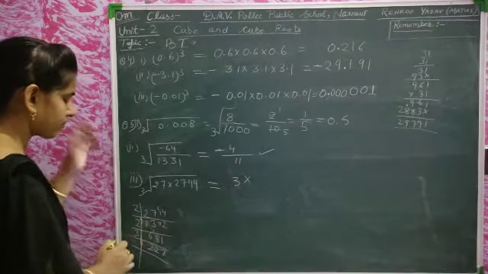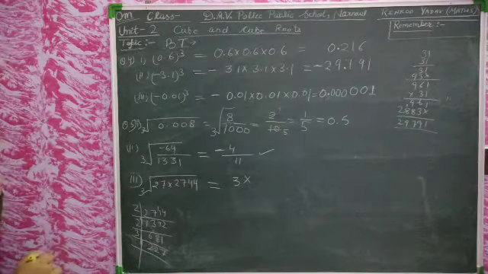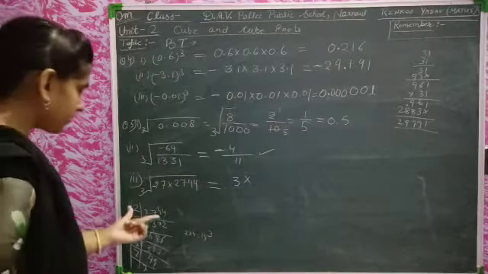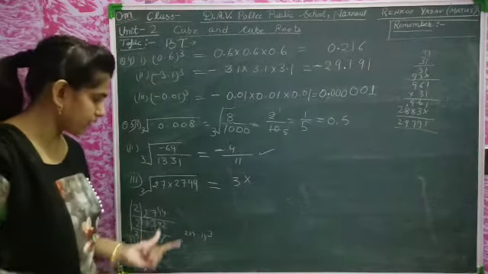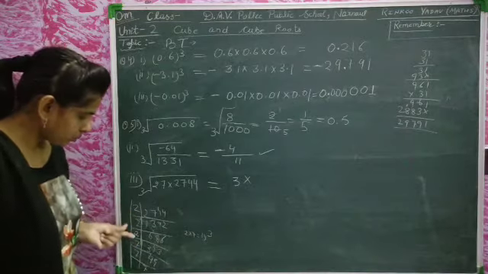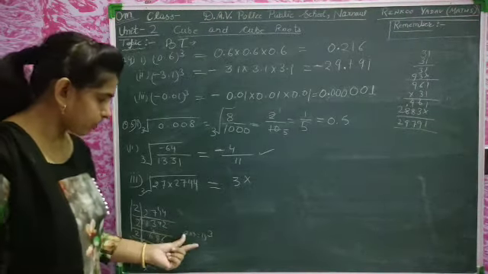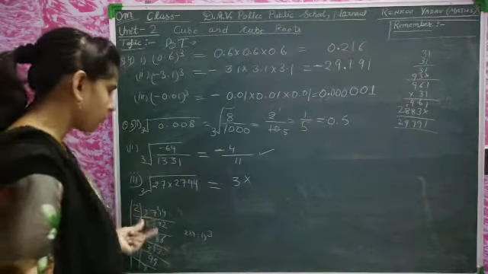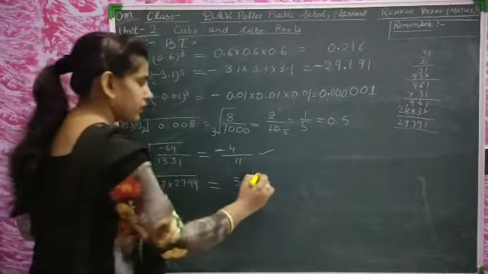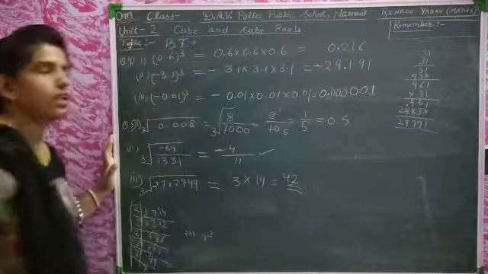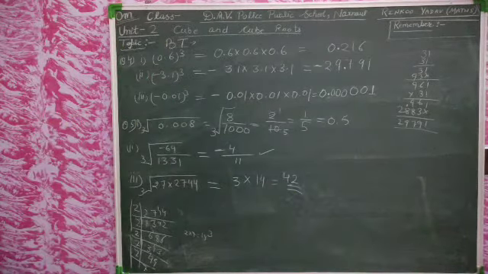Now students, you are seeing there that 2744 has 2 and 7. So there are two triplets, 2 into 7, that is 14. It's the cube of 14. So its cube root is 14 here, and this answer is 42. Now we will go to the next question.